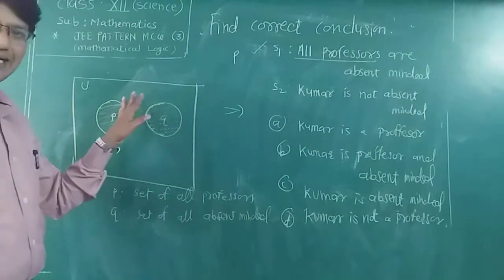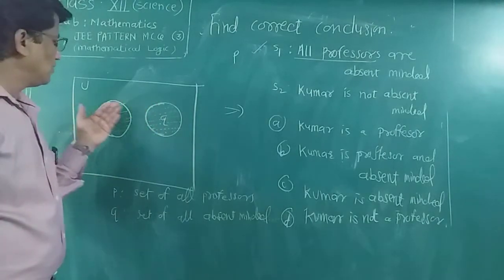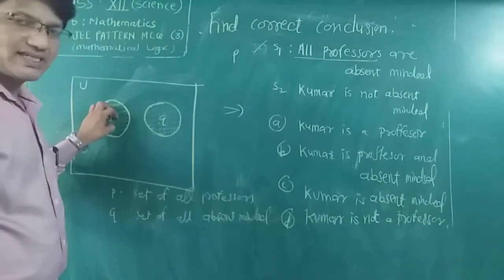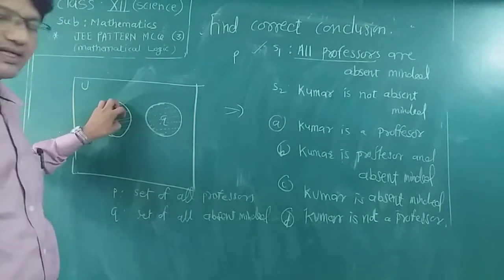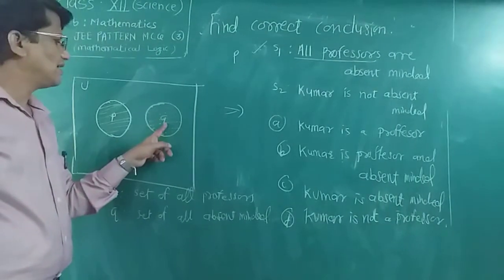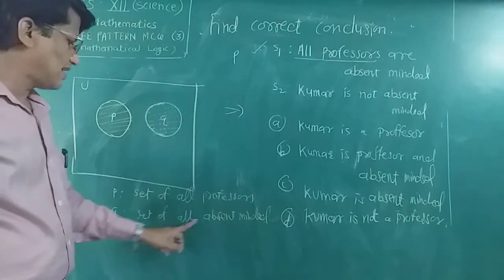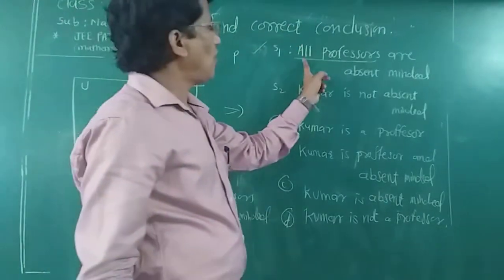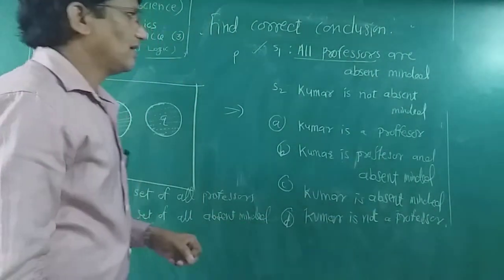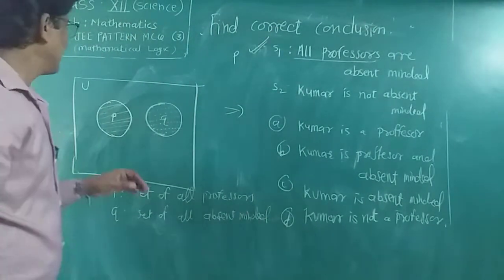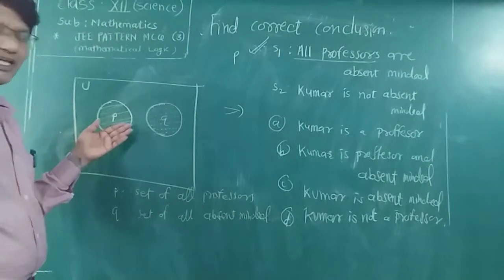Now observe, in this diagram the two are different circles. The professors in the first circle are only professors, while the second circle, denoted by Q, is absent-minded. But the question is to find the correct conclusion: all professors are absent-minded. This diagram is totally wrong.